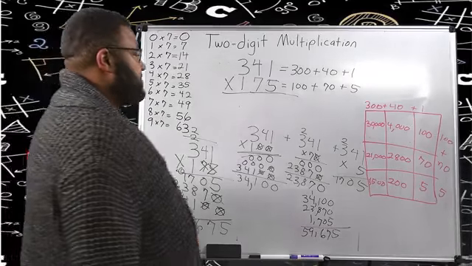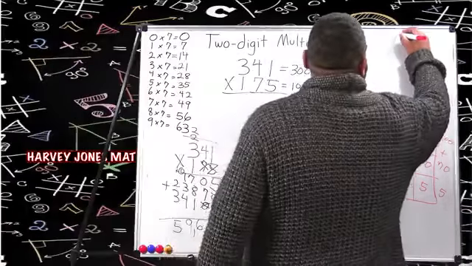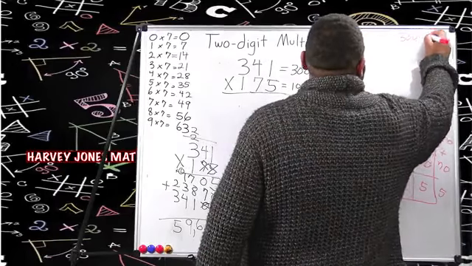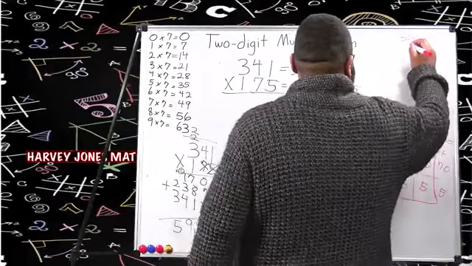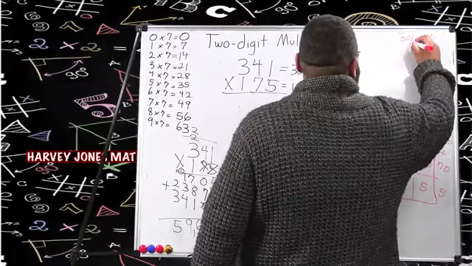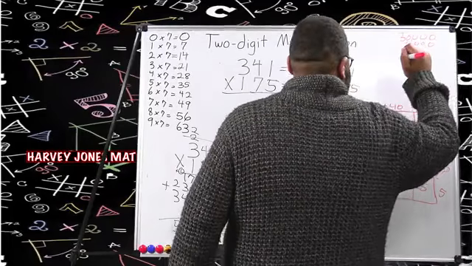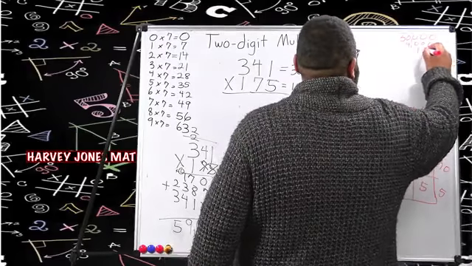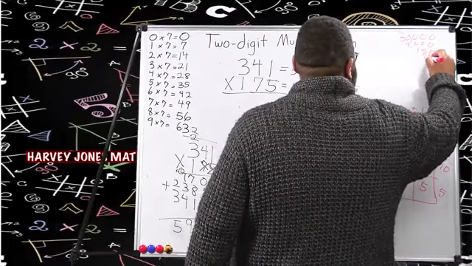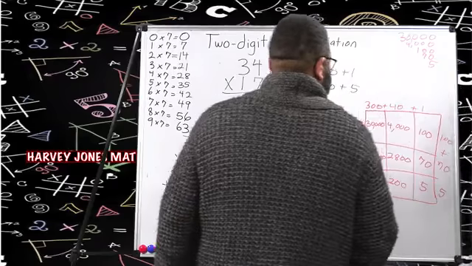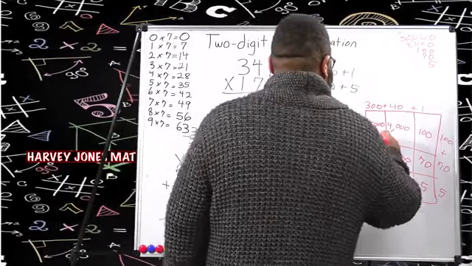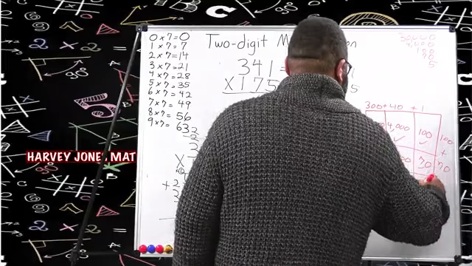Bear with me, folks. 30,000. 4,000. 100. 75. Check. Check. Check. Check. Check.